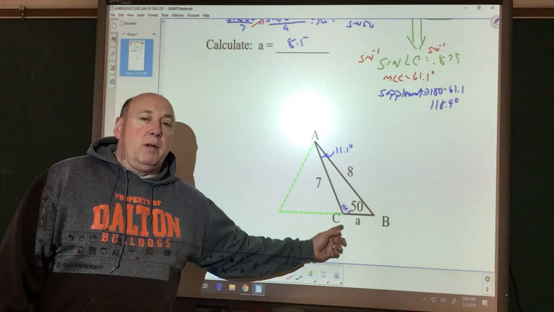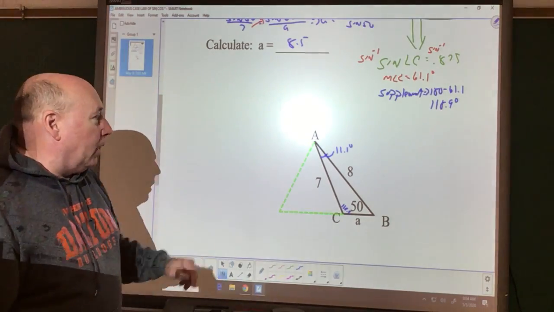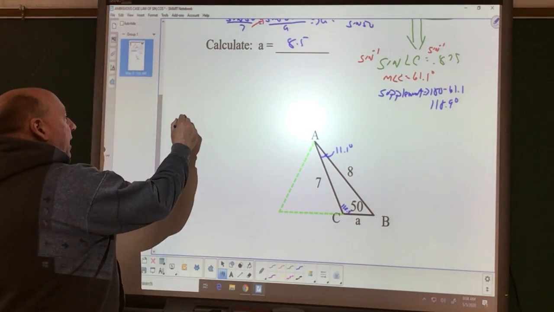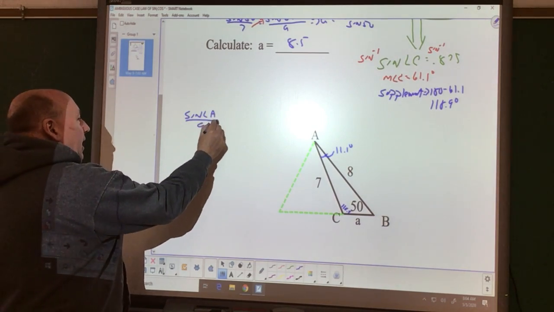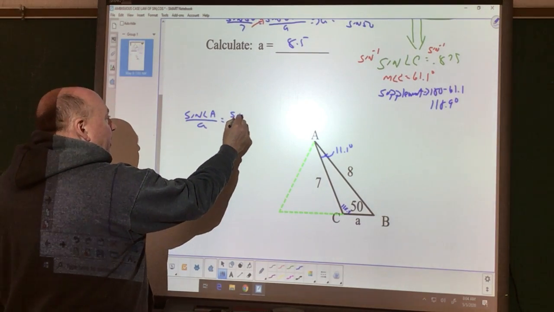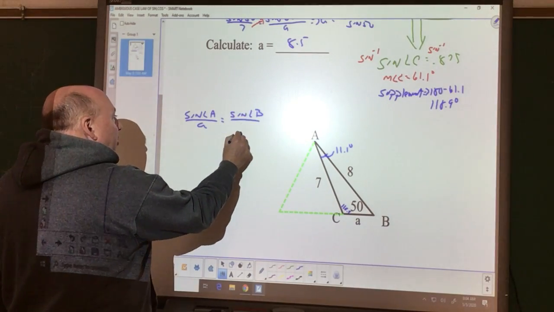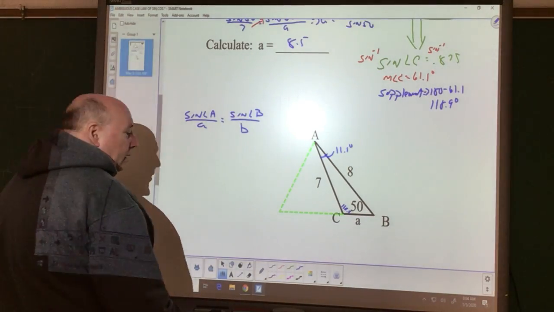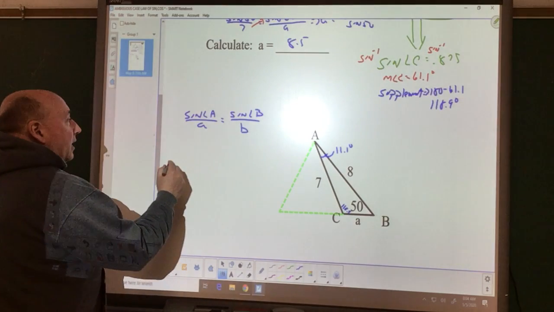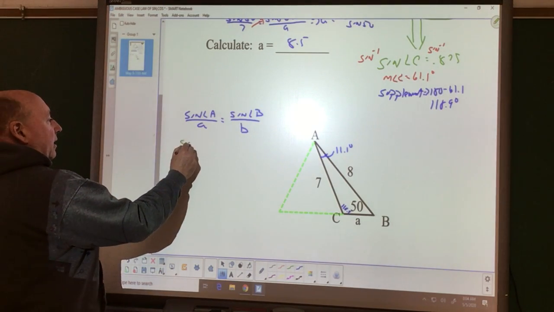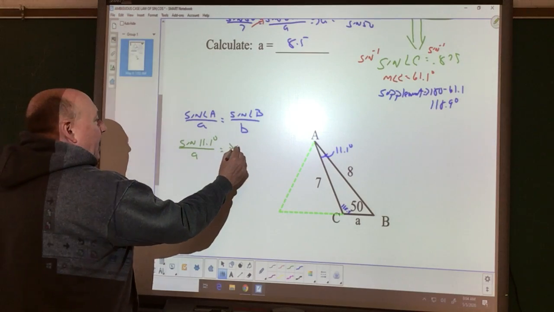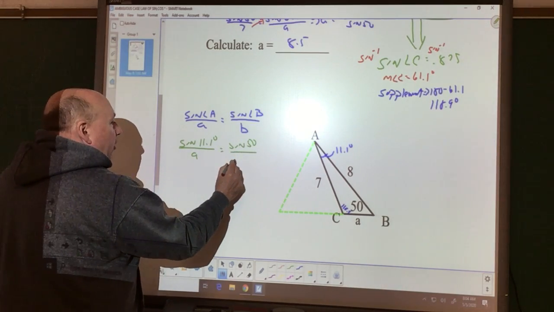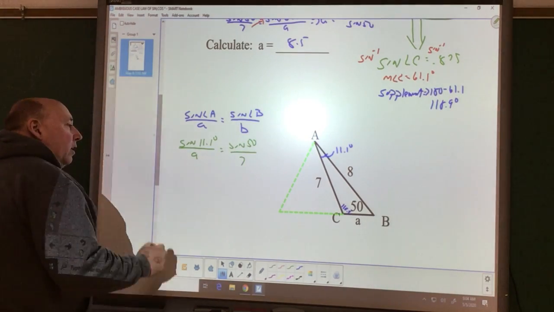Which now allows me to find little a by using my law of sines. So we have the sine of angle A over little a equals the sine of angle B over little b. Substituting in, we have the sine of 11.1 degrees over little a equals the sine of 50 over little b, which is 7.